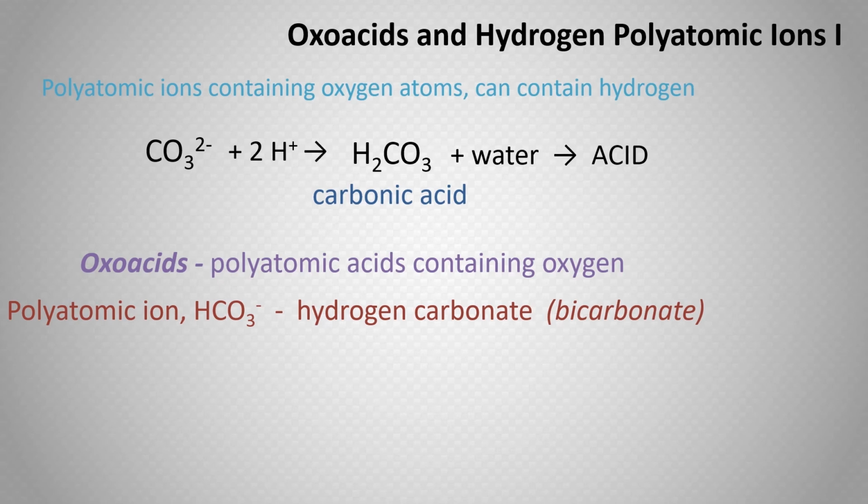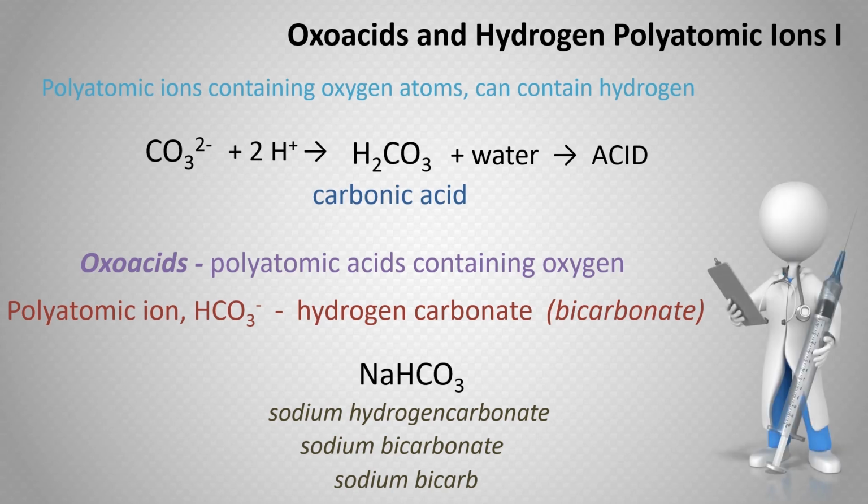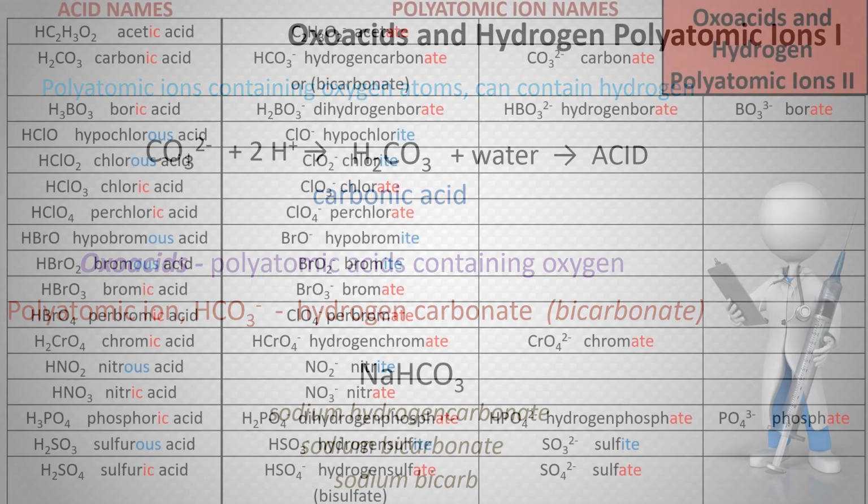The nomenclature for the neutral compound, sodium HCO3, follows our rules for metals with polyatomic ions and has the IUPAC name of sodium hydrogen carbonate. The common name is sodium bicarbonate or sodium bicarb if you're extremely lazy, like an actor on TV playing a doctor. Hey, nurse, give me some sodium bicarb, stat!